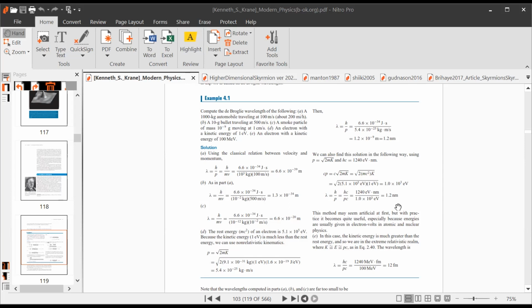But in practice, we could not make a slit of such a width. So we have to use a crystal to obtain this lambda. This is the order where we could use the effect of diffraction of the electron.